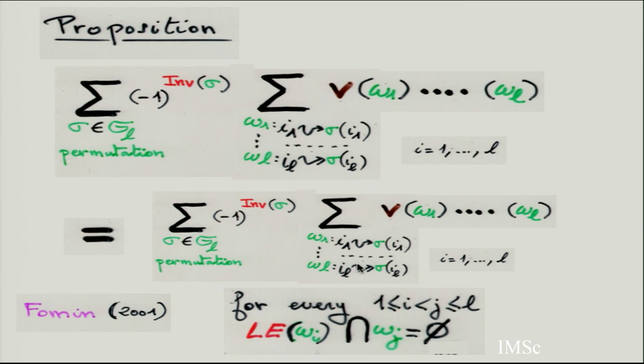You see here is exactly the same: omega 1, omega L go from I1 to sigma 1, IL to sigma L, etc. You still have the -1 inversion, but now there is a condition on these paths which involves the loop erased part of each path. So the condition is the following. For every index I and j between 1 and L, with I less than j, the loop erased part of omega I, so the blue path eta I, is disjoint from omega j.